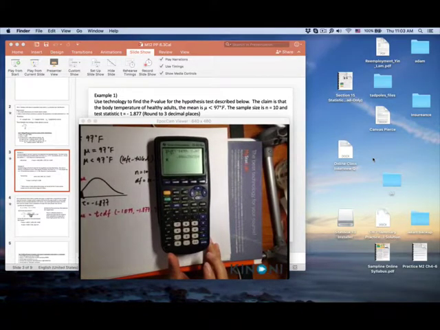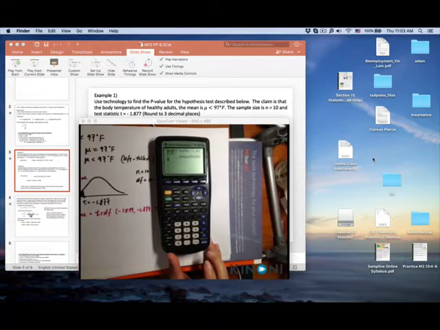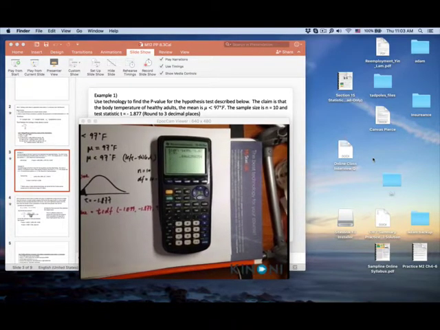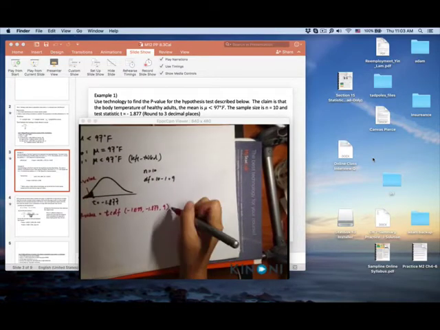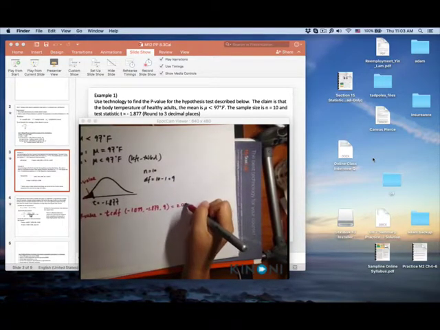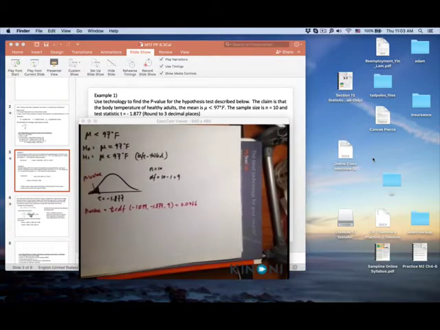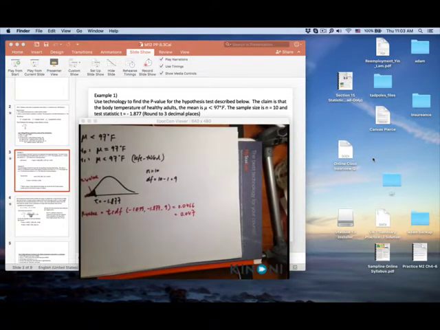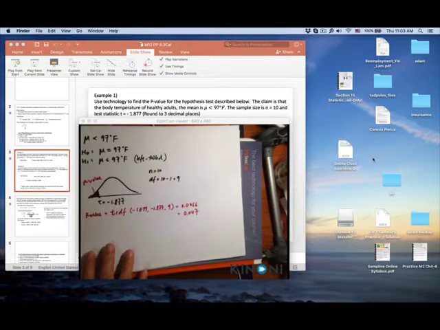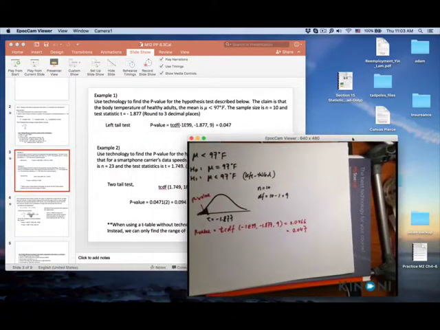Enter, and you get 0.0466. If I round to 3 decimal places, that will be 0.047. So that's our example 1.